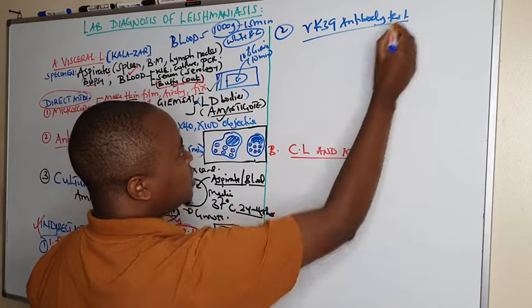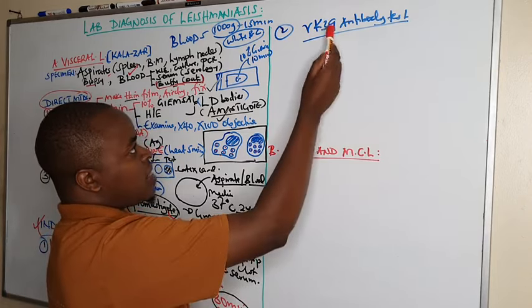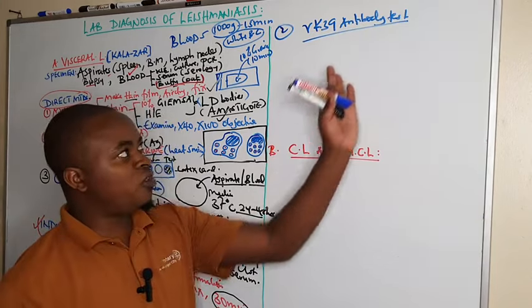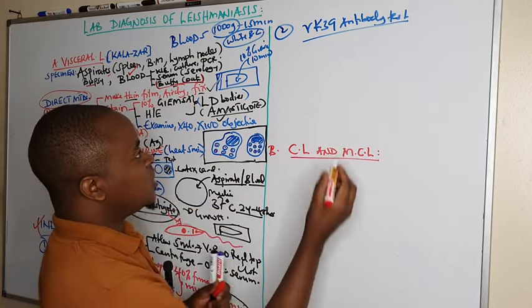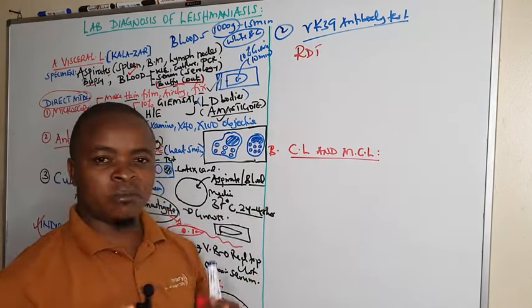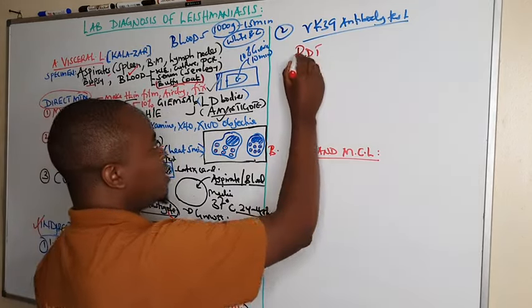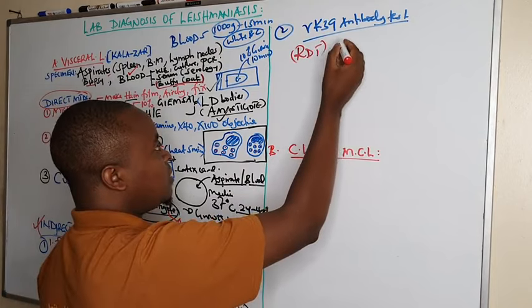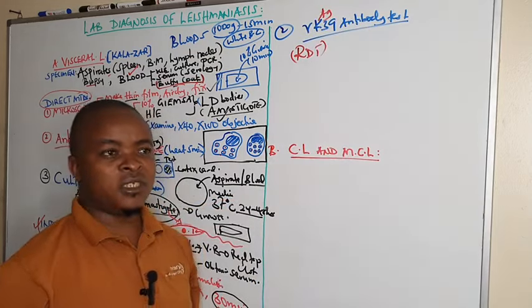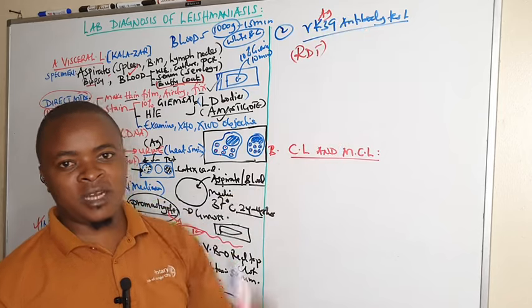This one uses a recombinant antigen, and the K39 antigens are formed by gene recombination.